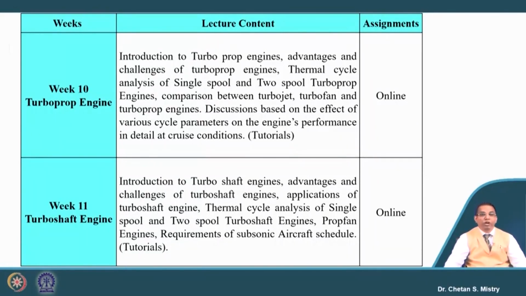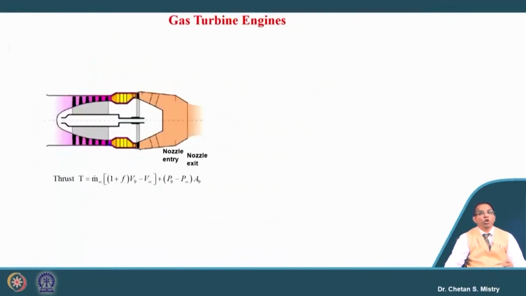So let's look at what we already know. Here we have our idea of thrust generation. This is a cut section representing our turbojet engine, where the working principle for all the engines is the same.